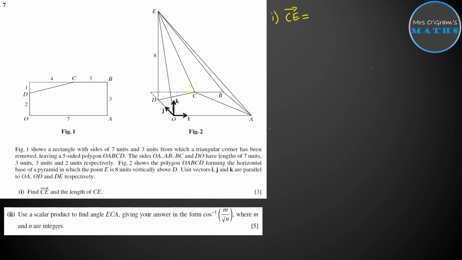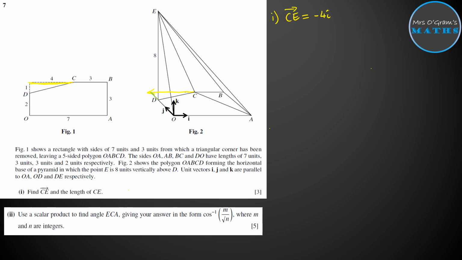So if we start at C, we've got to go in the I direction, but in the negative I direction by a distance of 4. So we've got negative 4I, because it's this distance here from C back to the corner of that rectangle. Then we need to come along in the J direction.